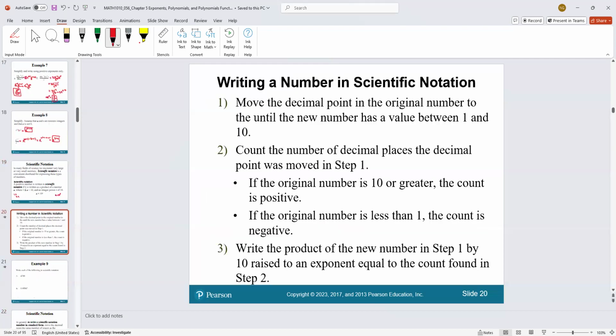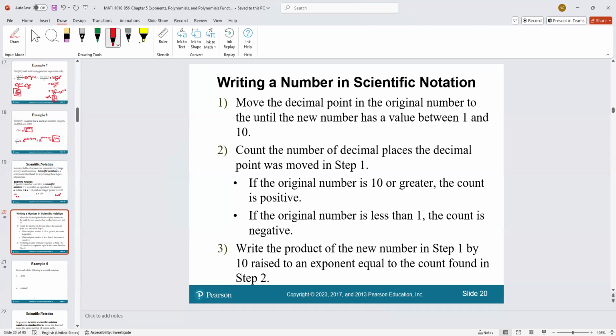R is the exponent. So when we write a number in scientific notation, there are some rules we can follow. The first rule is we move the decimal point in the original number until the new number has a value between 1 and 10.